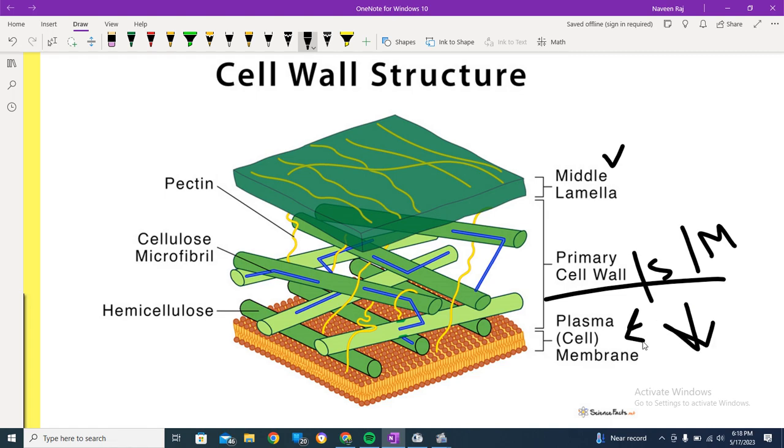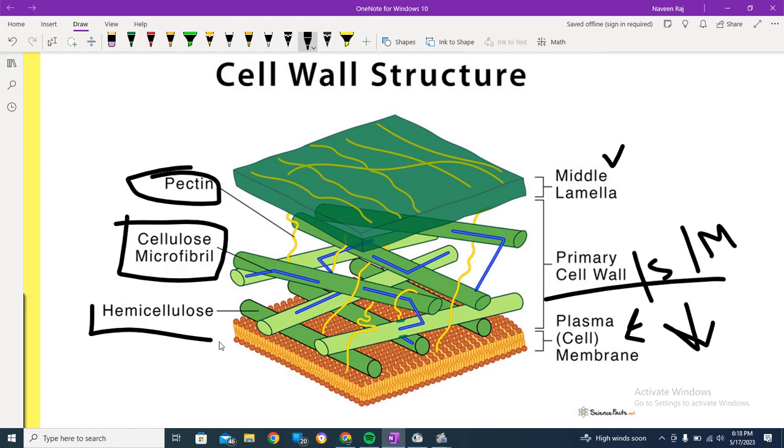The plasma membrane is the outermost membrane in the animal cell. It has a composition of some proteins and some carbohydrate fibers, like you can see that microfibrils are there, and hemicellulose. This is also a kind of carbohydrate fiber, right?